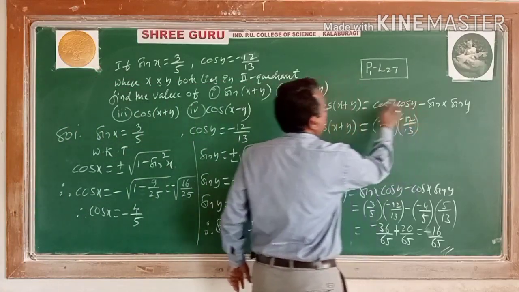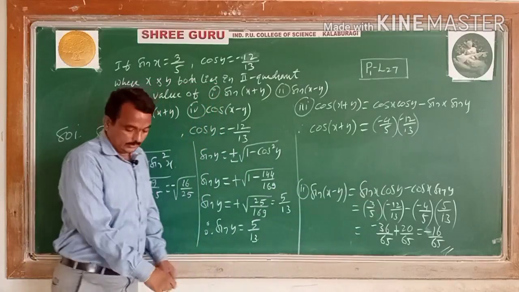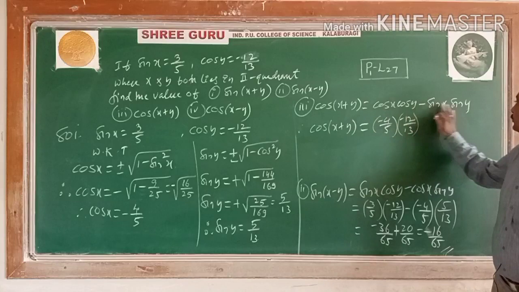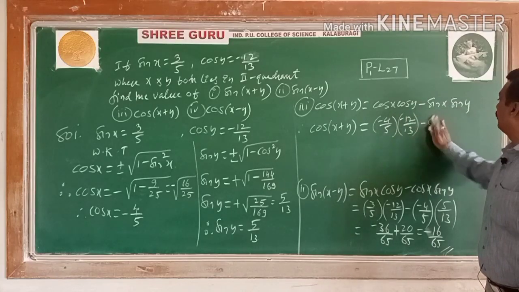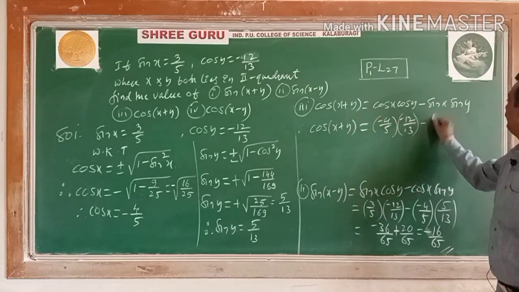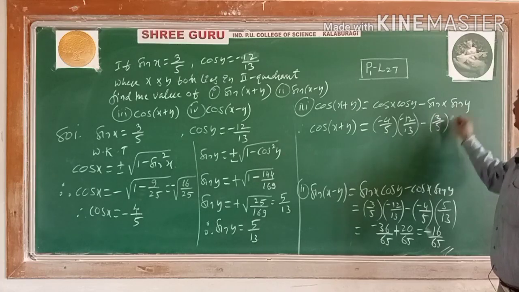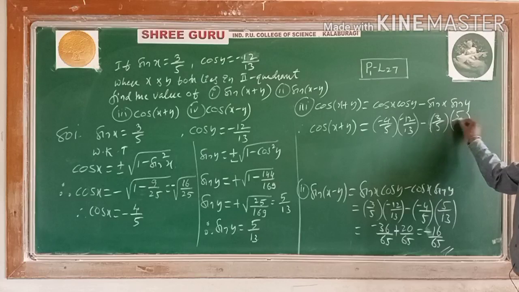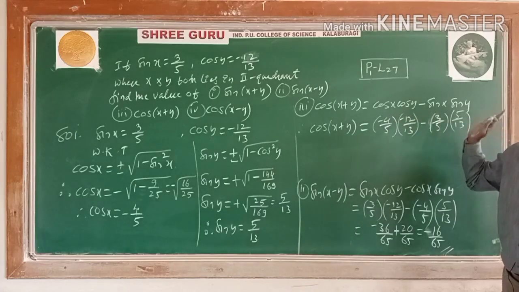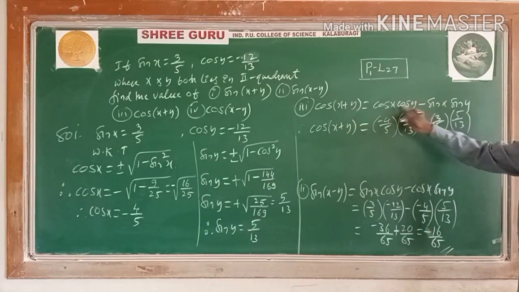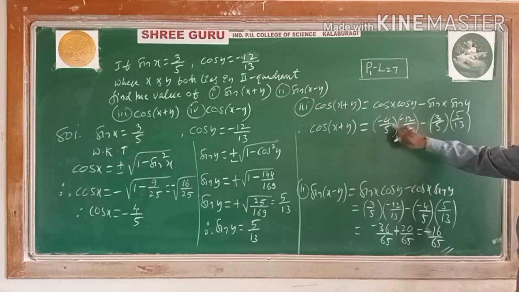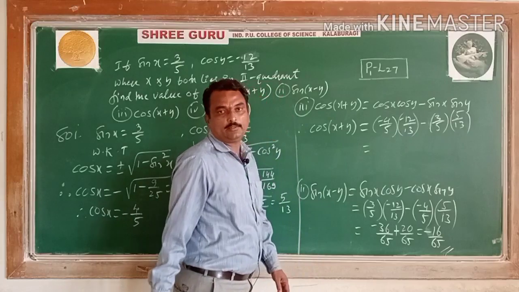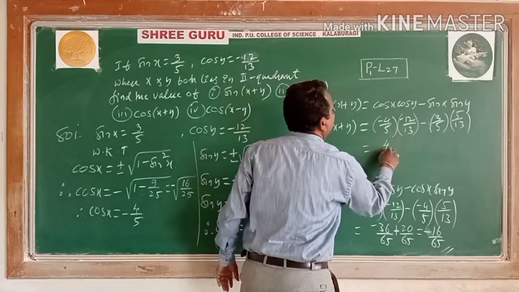These two are negative because x and y are both in the second quadrant, so cos should be negative, and sin is positive. Sin x is 3 by 5 and sin y is 5 by 13. Then simplify this one: minus of minus plus 48 by 65.